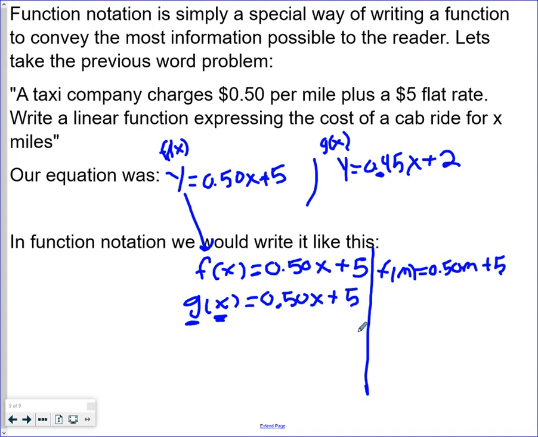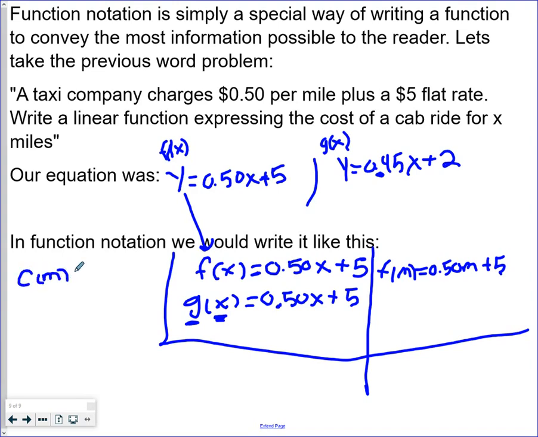Or if you want to be really detailed, what you could do is write it like this. I'm going to try to use my best handwriting here. You could say C of m is equal to 0.50m plus 5.